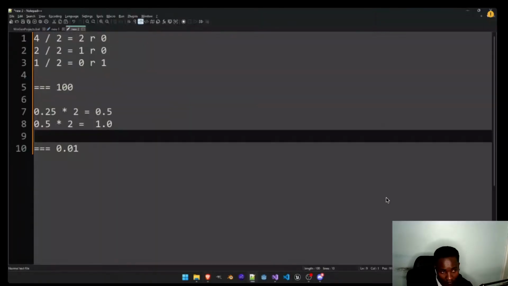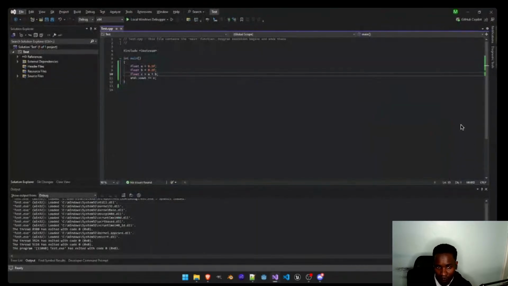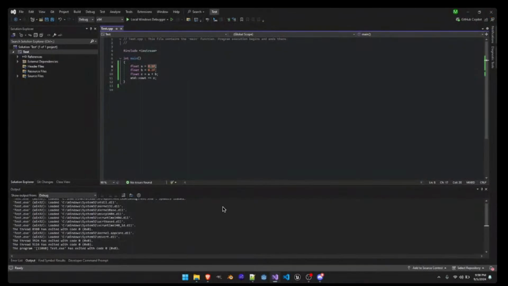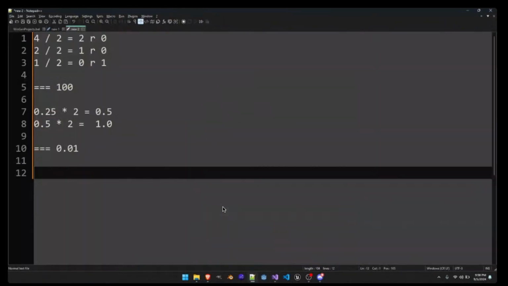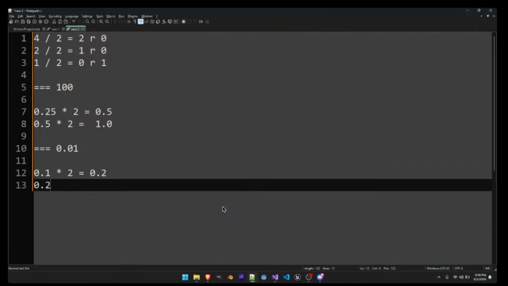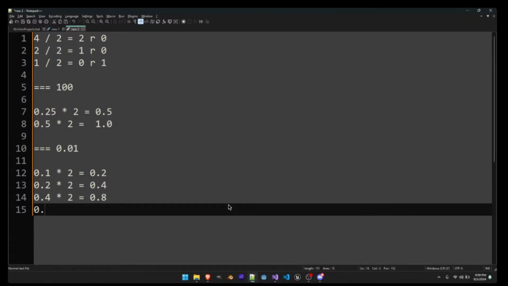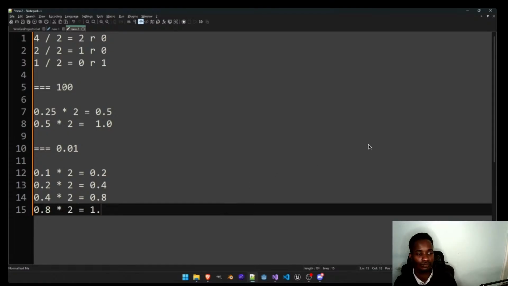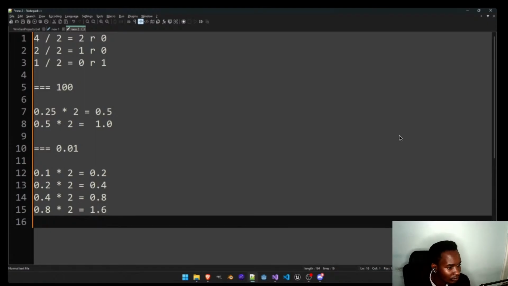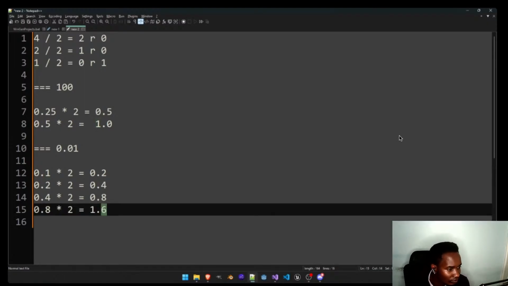So now this begs the question, since our problem comes from this 0.1 f, the floating point for 0.1, I wonder what our 0.1 should be. If we do it manually, we'll have 0.2, and 0.2 times 2 is 0.4, 0.4 times 2 is 0.8, 0.8 times 2 is 1.6, and in this case we just remain with the decimal value.